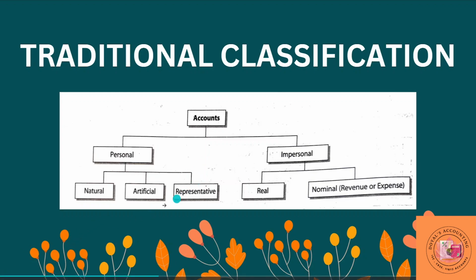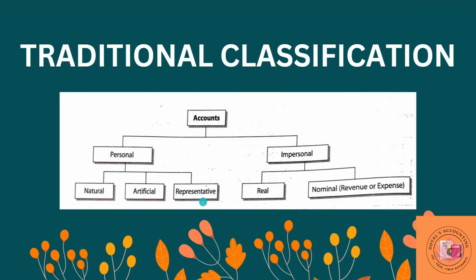Under artificial personal accounts, we have corporate bodies or businesses. For example, accounts of a club or a cooperative society or that of a public limited company. As we know, companies are artificial persons. They are not real persons. Thus, those accounts are classified as artificial personal accounts.